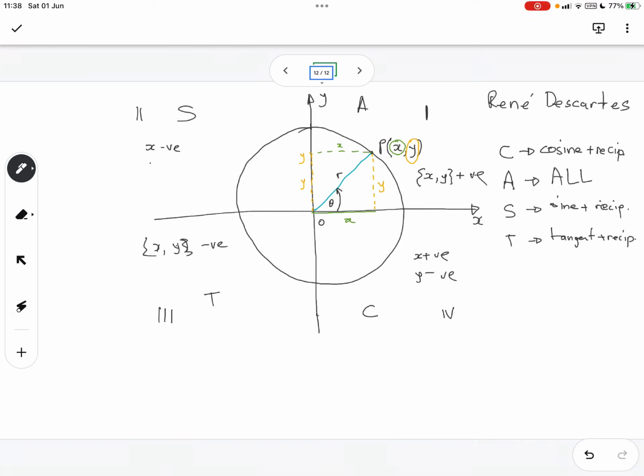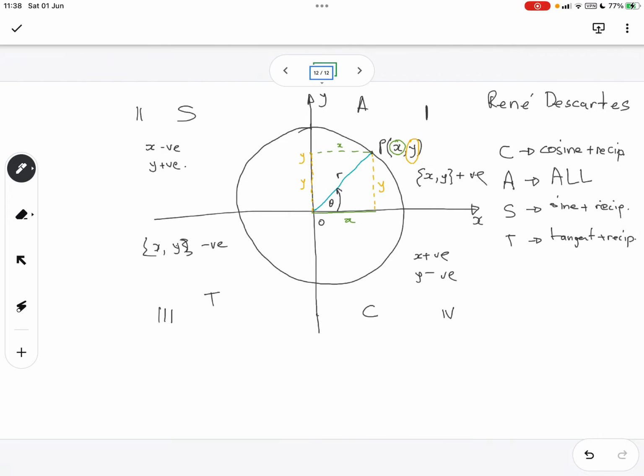And here, x is negative, but y is positive. Because our trig ratio for sine relies on y, and our trig ratio for cosec relies on y, wherever y is positive, those ratios will be positive. And wherever x is positive, any trig ratio that has to do with cosine, be it cosine or its reciprocal secant, will be positive.